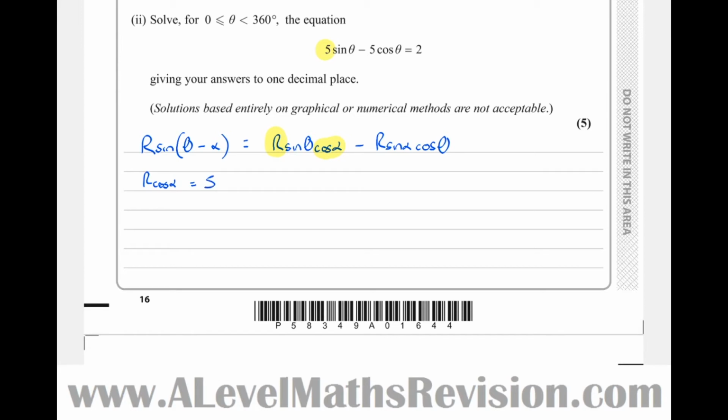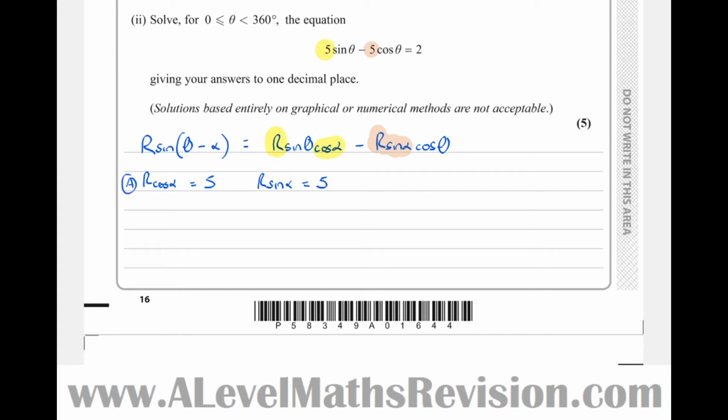Here, attached to the cos theta, we've got r sine alpha. Here, attached to the cos theta, we've got 5. Now notice that the minus signs match, so we don't need to consider them. So that tells us that r sine alpha equals 5.